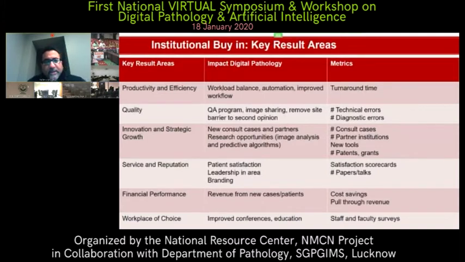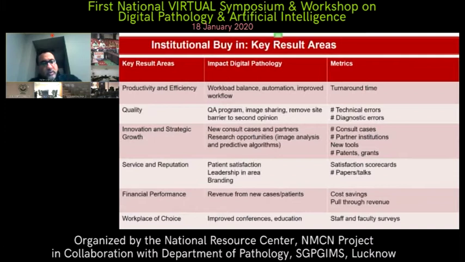Can we use digital pathology to improve the QA program, share images, and remove site barriers to second opinion? I'm no longer restricted to my office for reviewing cases. I can consult from anywhere in the world and provide consultation to other parts of the world. We wanted to look at whether we are making the same number of technical errors, and whether we are improving our diagnostic error rate.